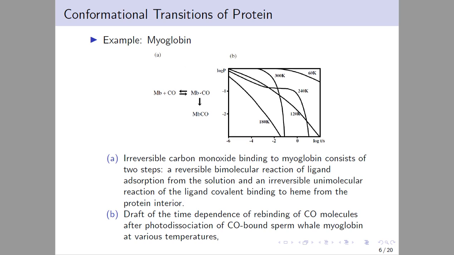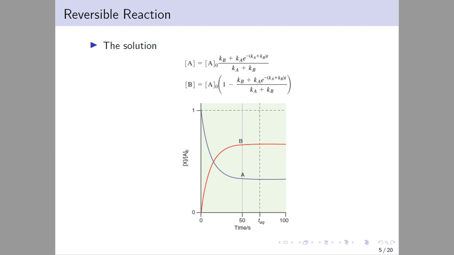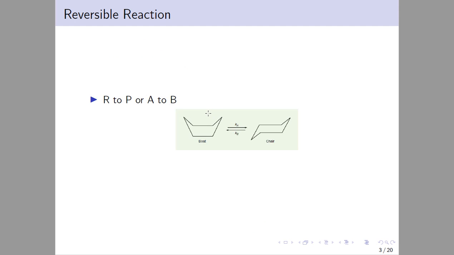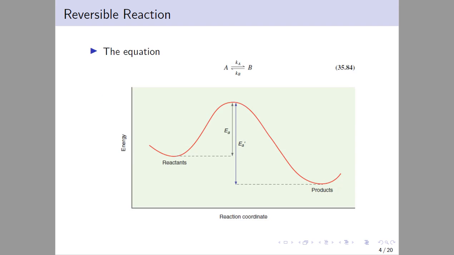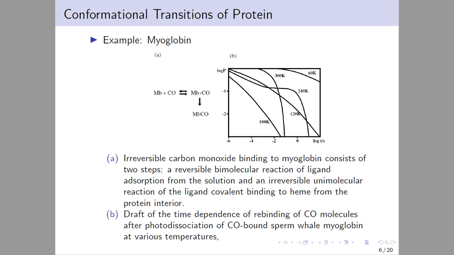That is the reaction, and this one is for the conformational transition, from this conformation or configuration to this configuration. Here the example is myoglobin.